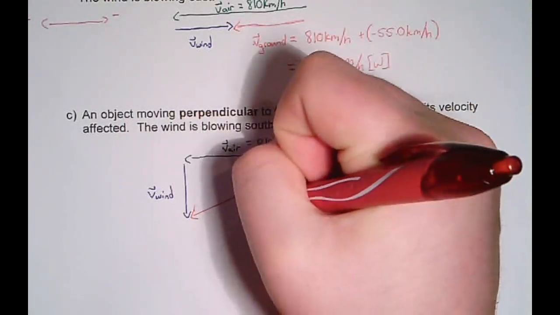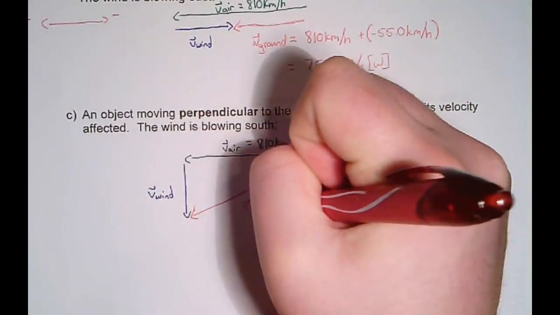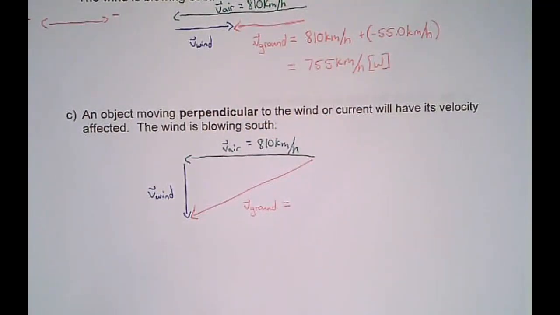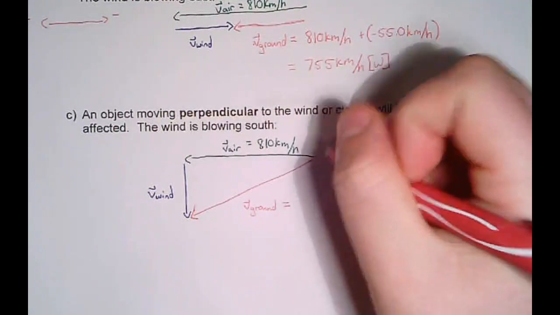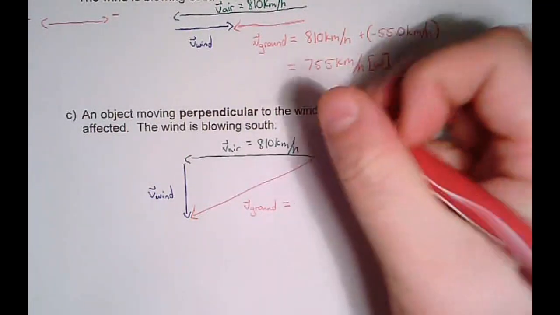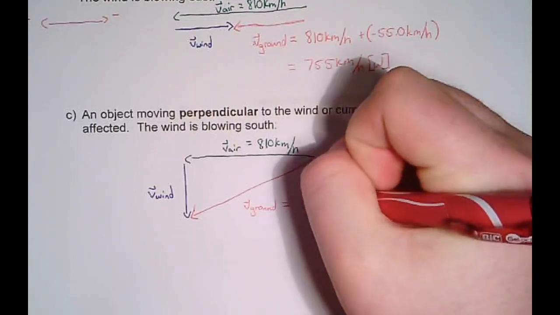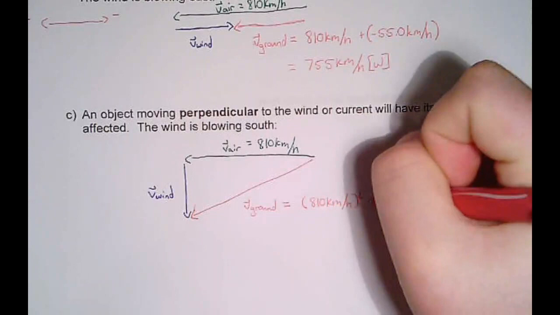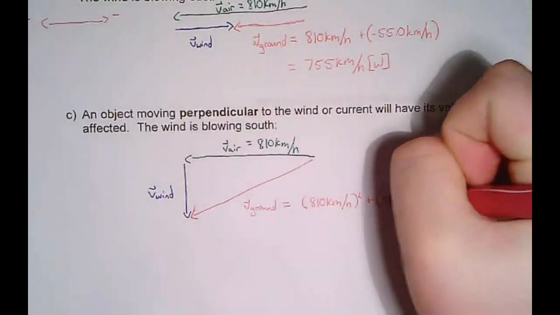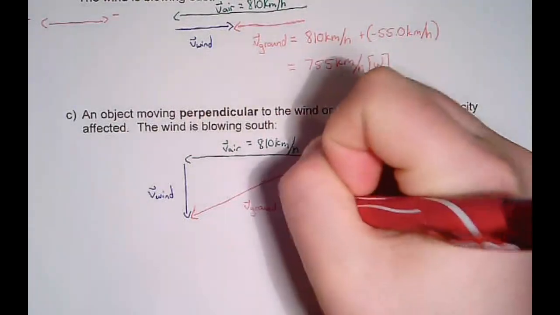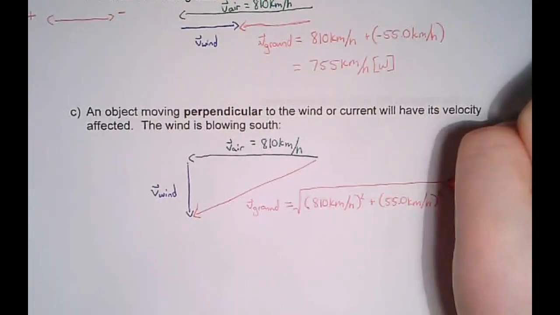So the ground velocity is equal to, for this one, I'm going to use Pythagorean theorem again. So we have a squared, or 810 kilometers per hour squared, plus 55 kilometers per hour squared, and we want to take the square root of the whole answer.